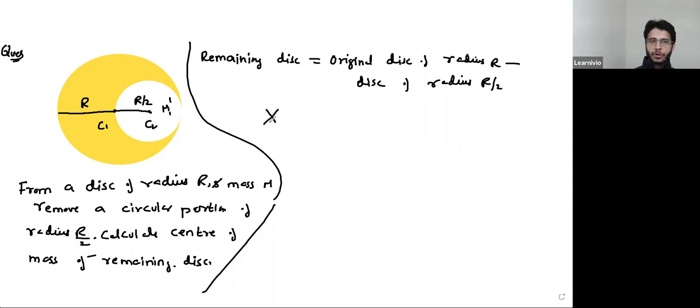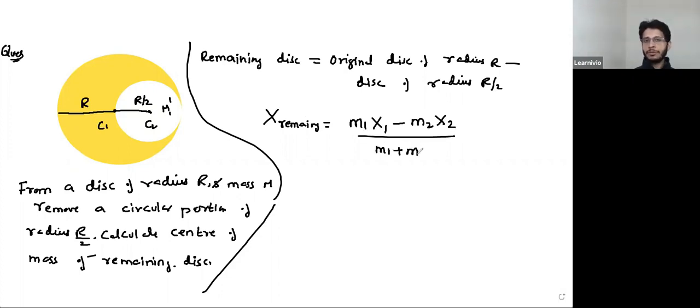So the x coordinate of the remaining disk is the x coordinate of the original disk minus, or you can say this is x coordinate of remaining disk is m1 into x coordinate of the first disk minus m2 x coordinate of the second disk divided by m1 plus m2.